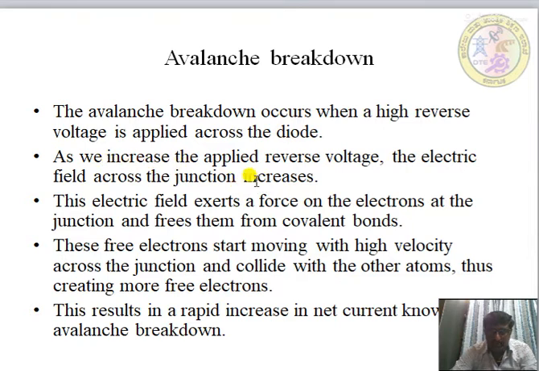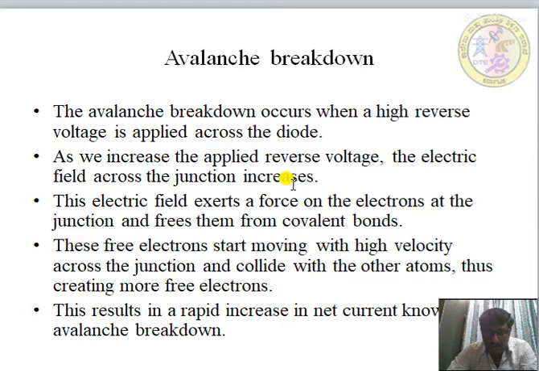This electric field exerts a force on the electrons at the junction and frees them from covalent bonds. These free electrons start moving with high velocity across the junction and collide with other atoms, thus creating more free electrons.